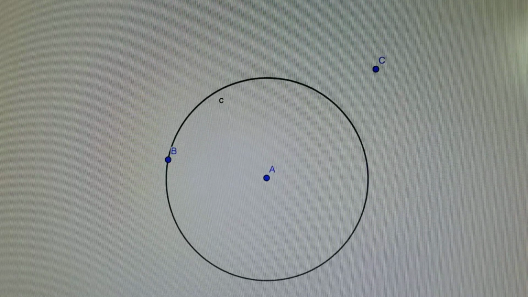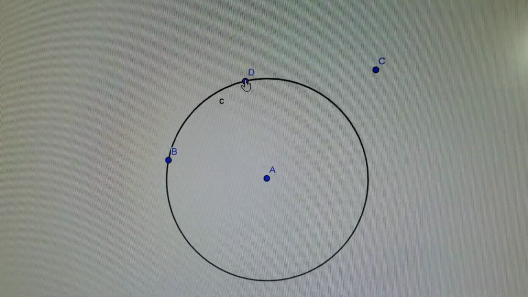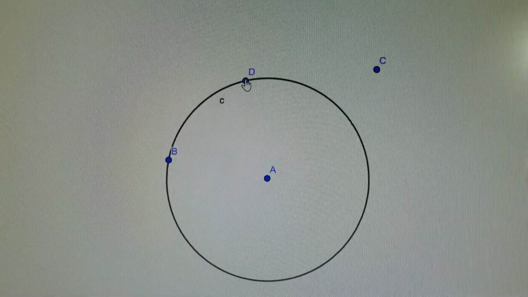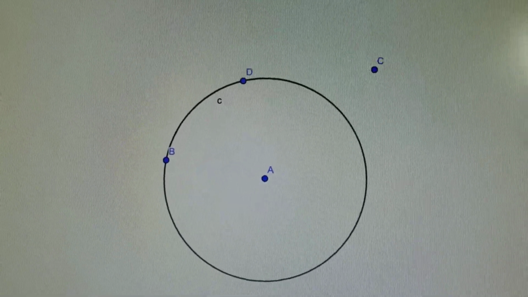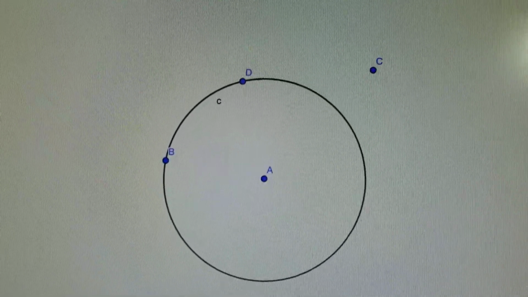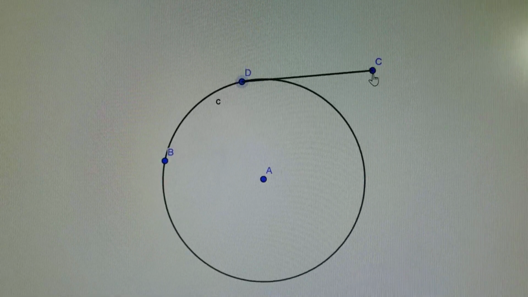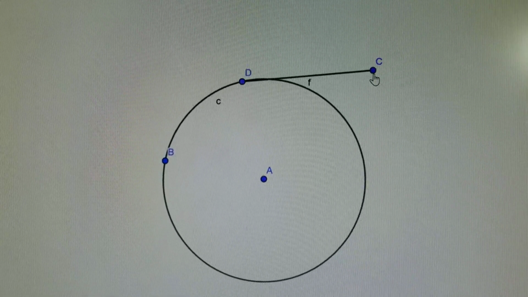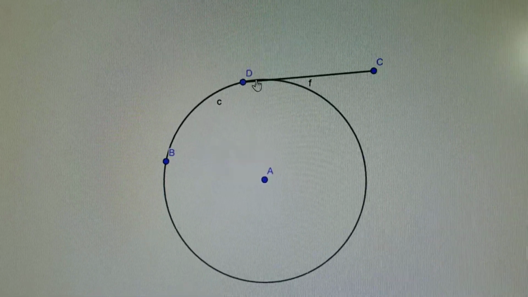Then I'm going to pick 1,000,000 points on my directrix. With all those points, I'm going to connect them to the point outside the circle. And I'm going to find the midpoint of it, which is called the perpendicular bisector.